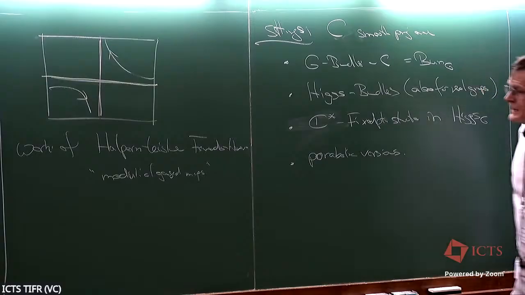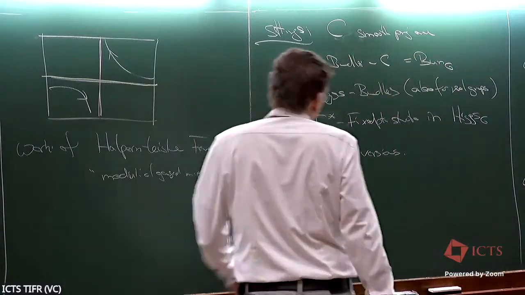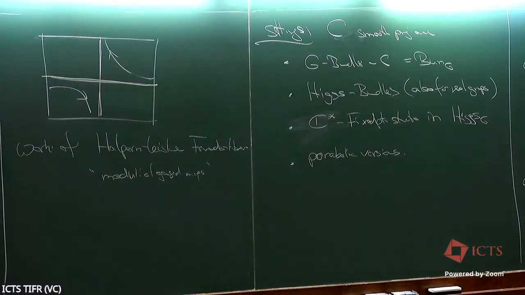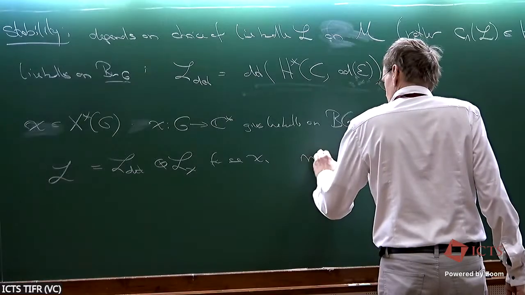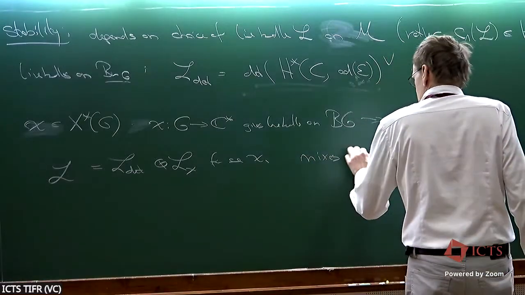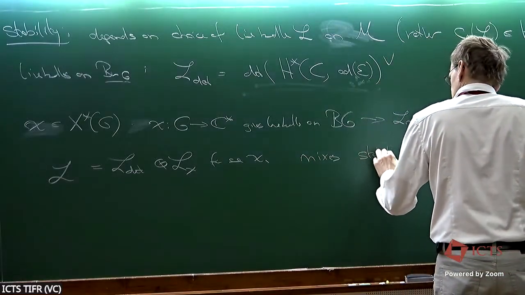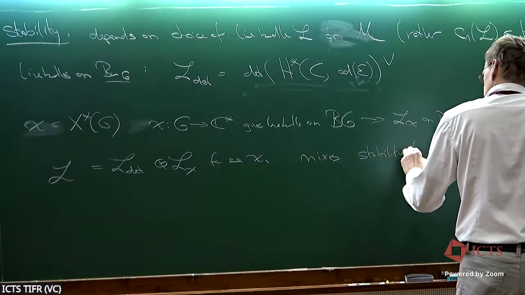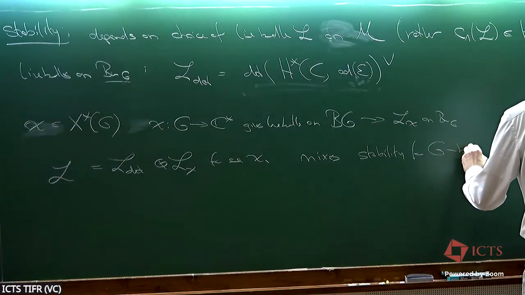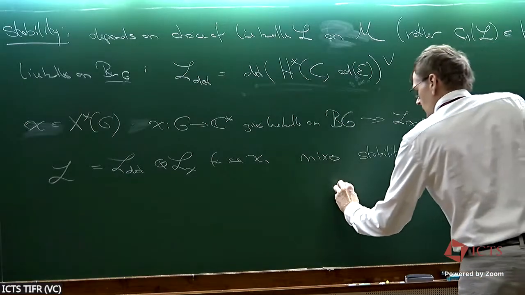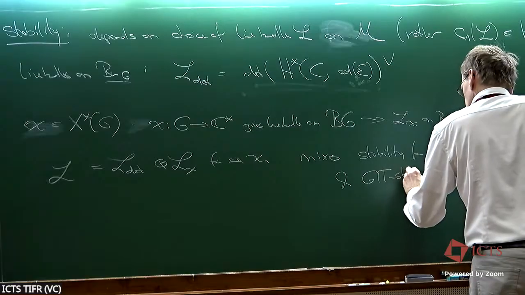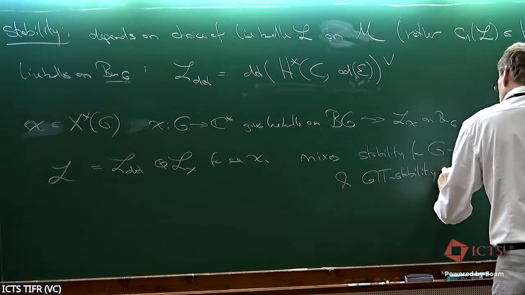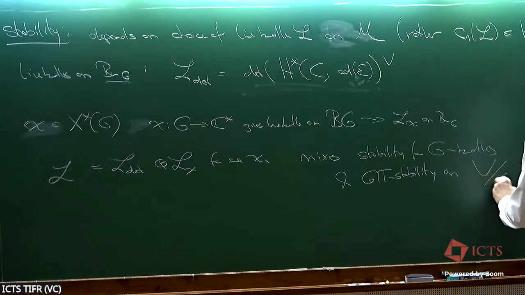But in the case of your representation, what does this do? This mixes stability for G-bundles and the GIT stability on V mod G.